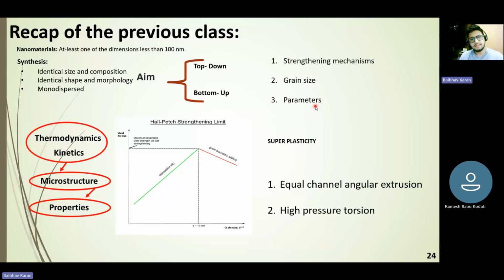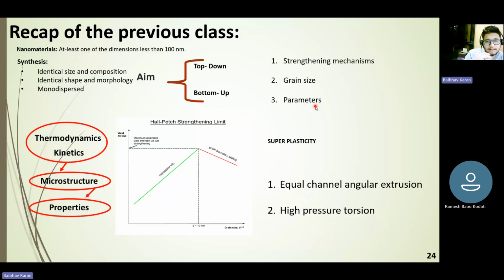What is superplasticity? Plasticity means that the material shows ductile property. What is ductile property? The material can be stretched to a level after which it fails. We can stress the material up to a level, after that it fails. That is known as ductility or plasticity of the material.